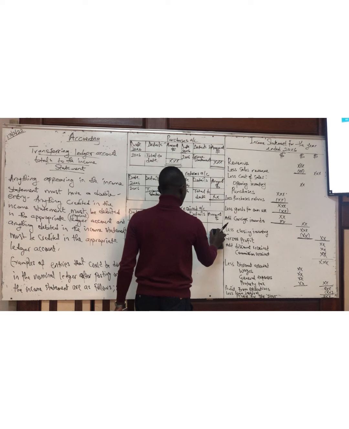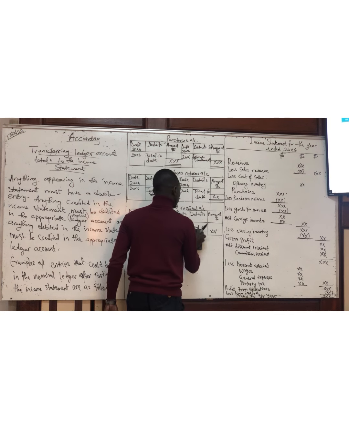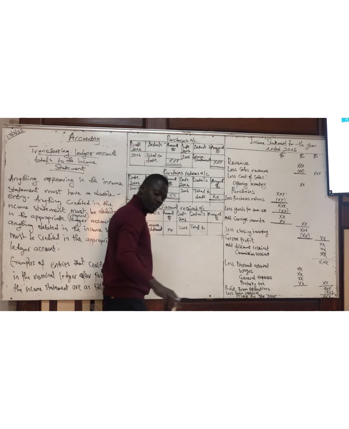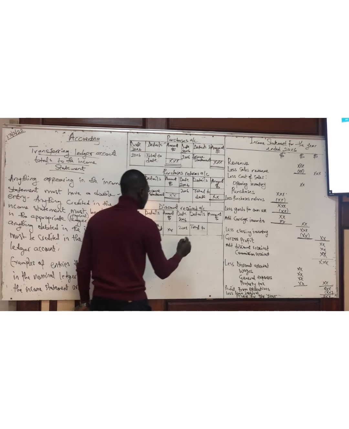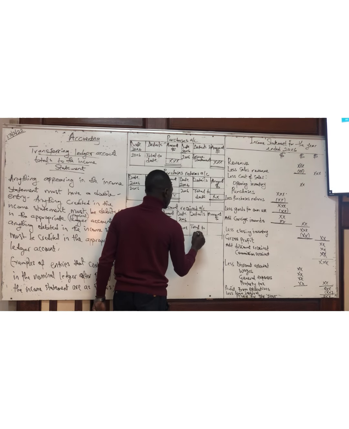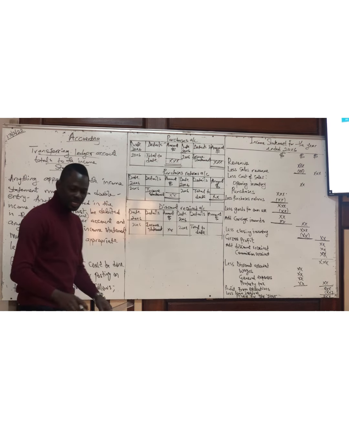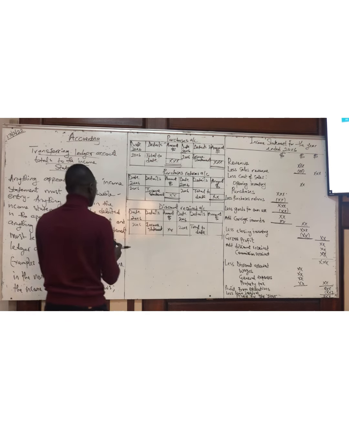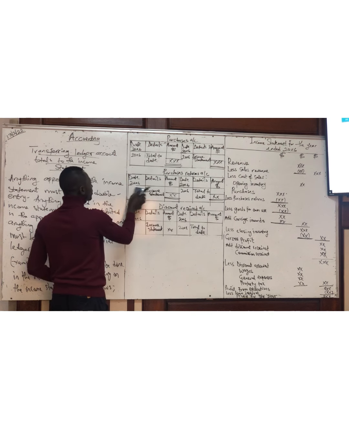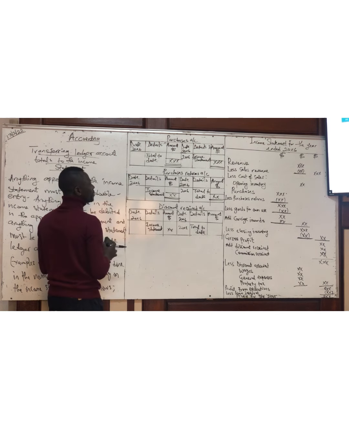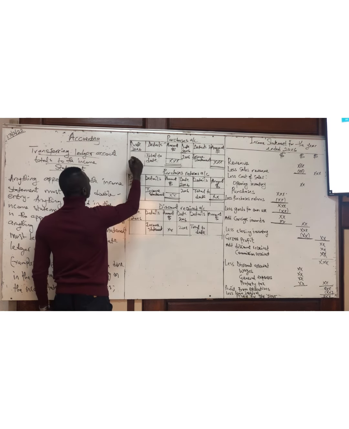Total to date, right? So instead of putting 20x6, we can just say 31st December, because it's going to be at the end of the month. Let's say December 31.